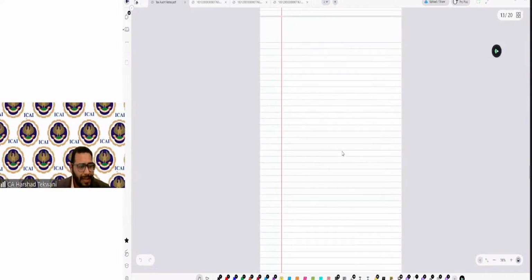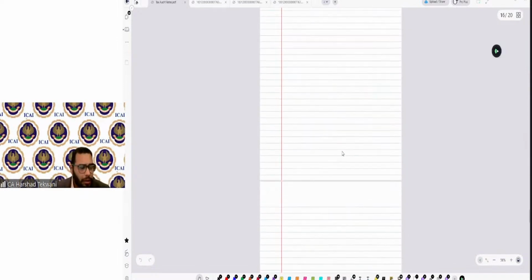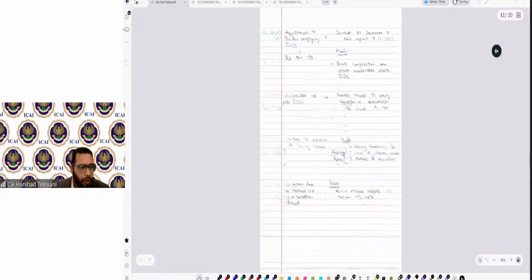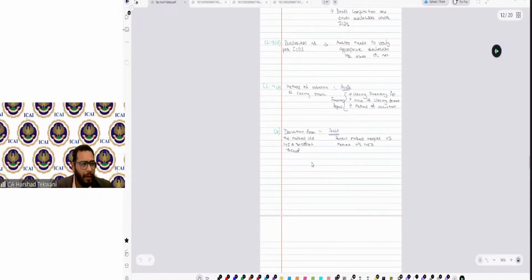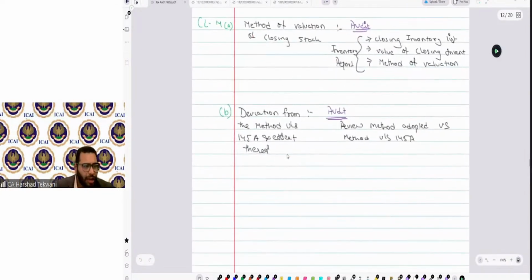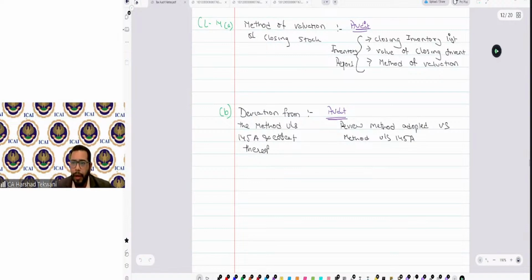So we discussed till clause number 14A, 14B in the last session. Now we need to discuss further.